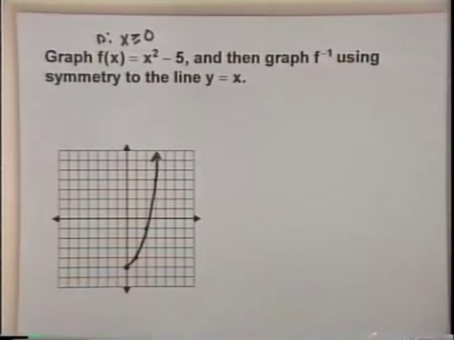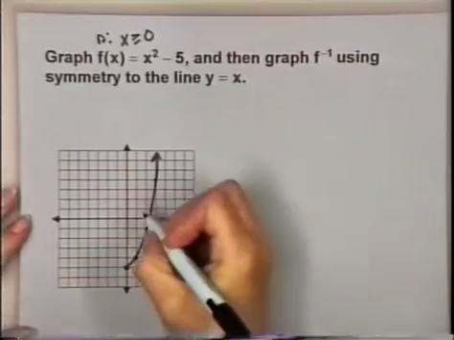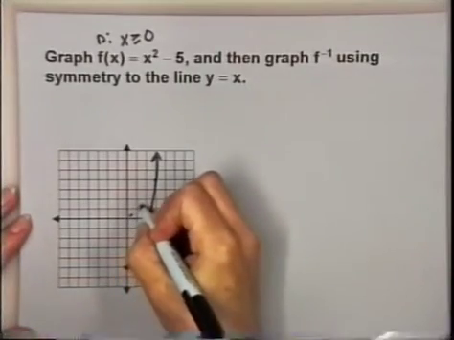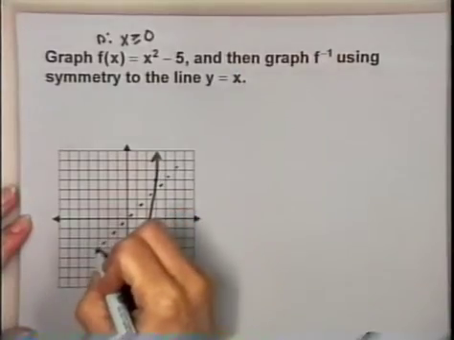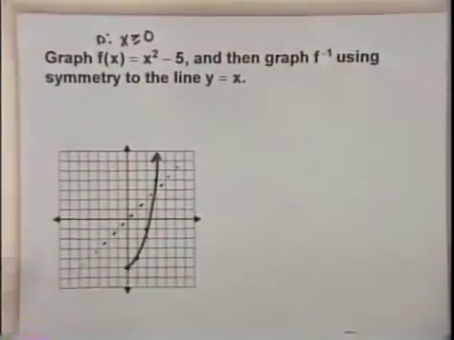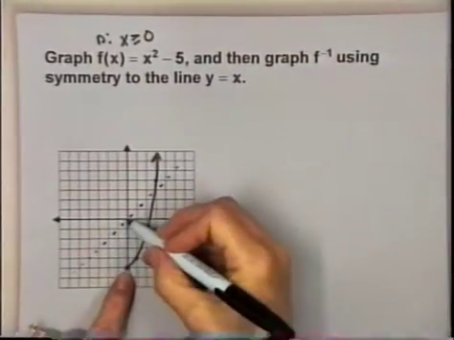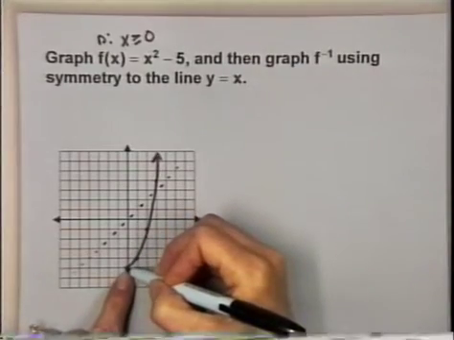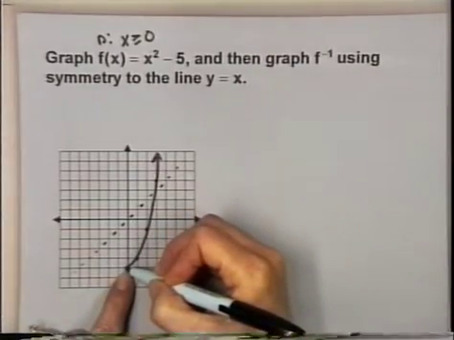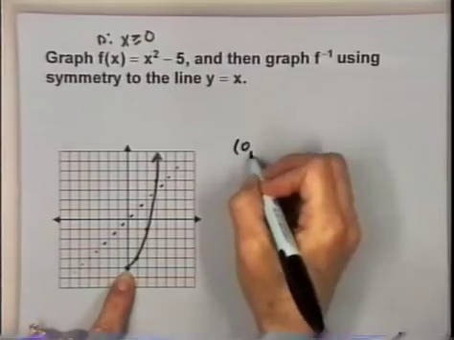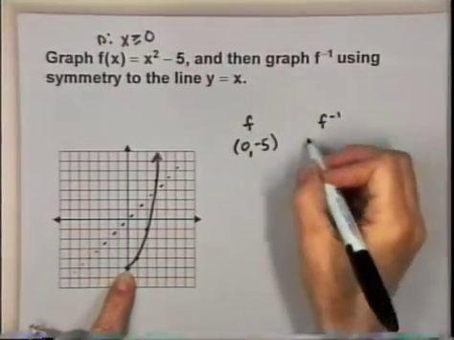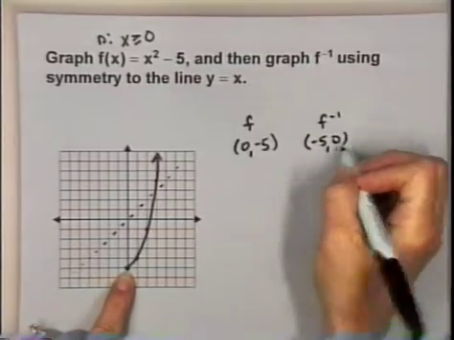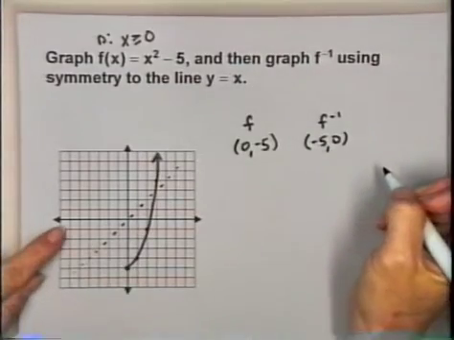Now, we're asked to graph f inverse using symmetry to the line y equals x. I'm just going to dot that line in right now so we'll be able to see that symmetry. Recall, though, this point right here has coordinates 0, negative 5. So if I have 0, negative 5 in function f, I'm going to reverse that and say negative 5, 0 is on f inverse.